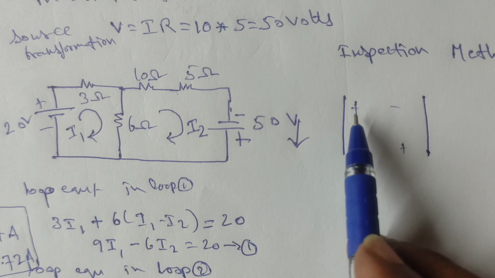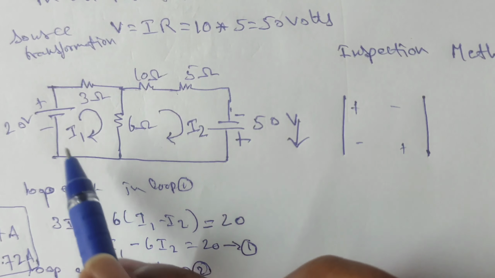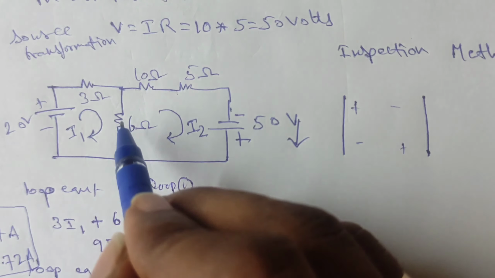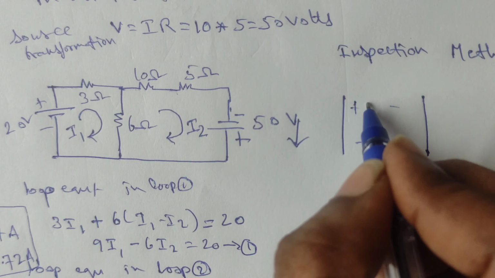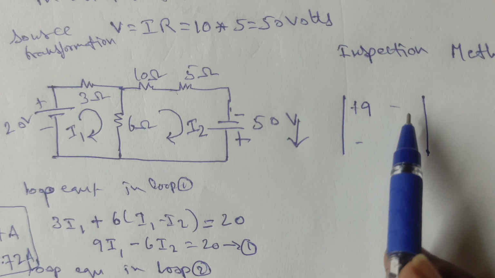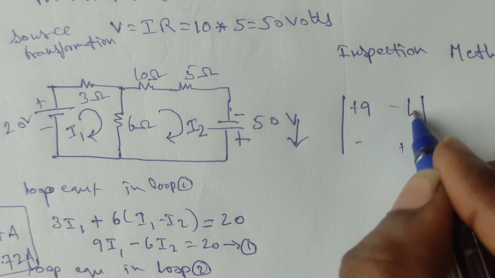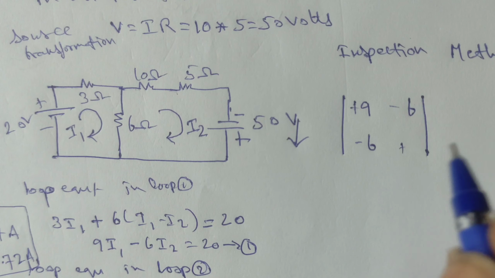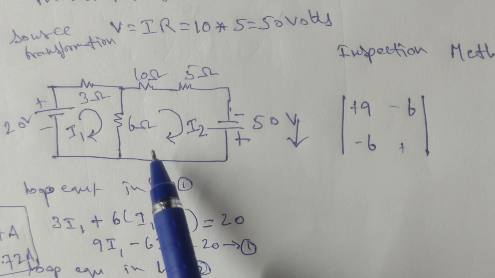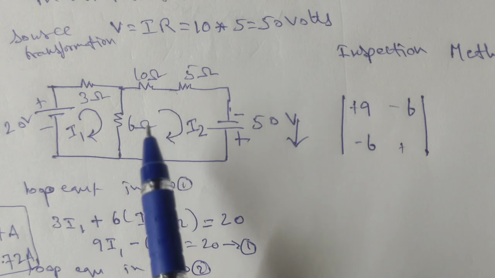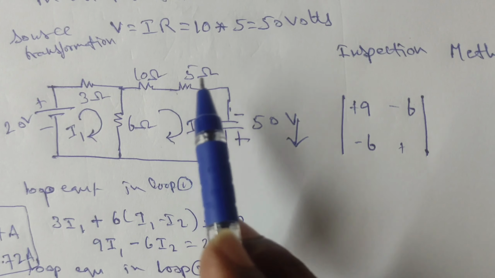For the first row first value, we need to add all the resistances present in loop number 1 alone. So here we have 2 resistances, so this is 9, and the resistance present between the loops is -6. The same thing comes over here. When you come to loop number 2, the summation of all the resistances present in loop number 2 is R22, which is 21.